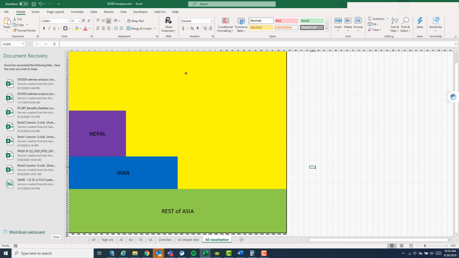The yellow color here is holes. Nepal cases would be like here, up to case number 10,000, and 24% of the cases in each 100. And then Iran would be 17 cases, but going up to 19,000. And the rest of Asia would be 23 cases, or 23%, going up to the full 38,000.